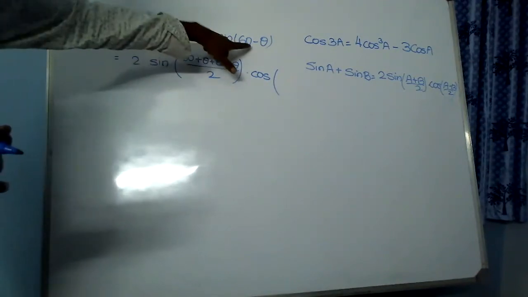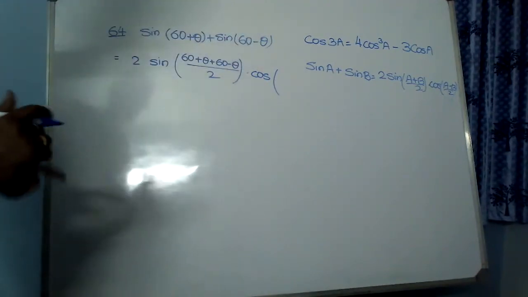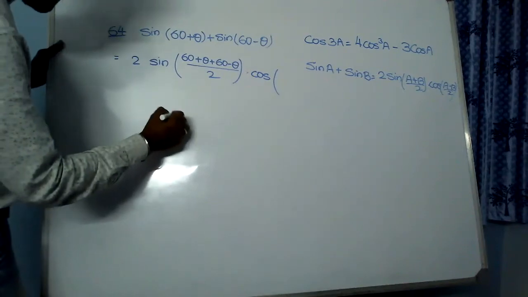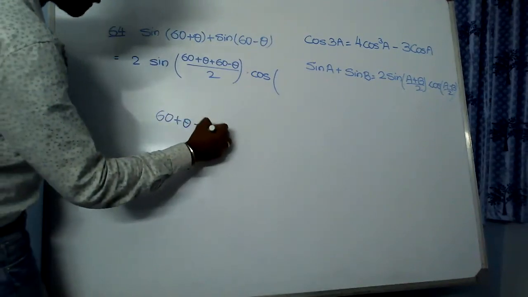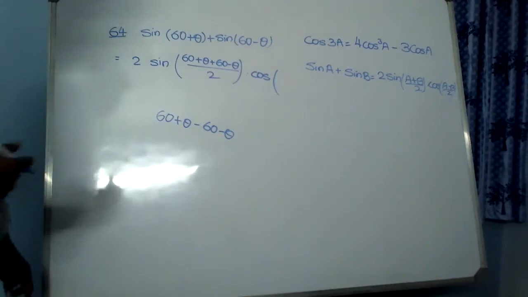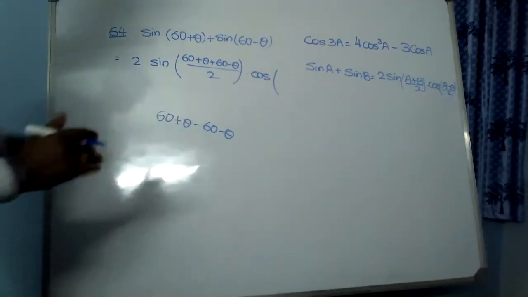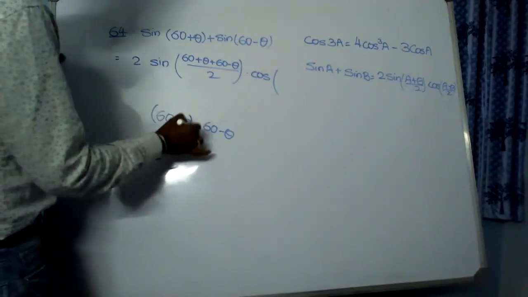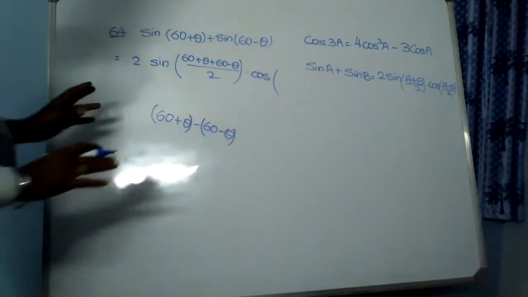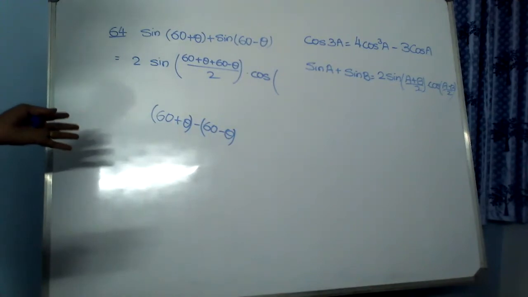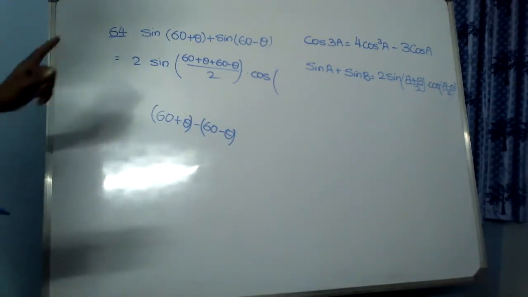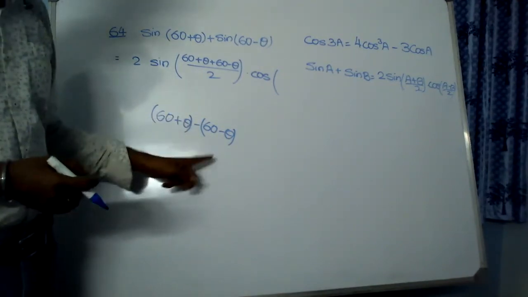When you're doing 60 plus theta minus 60 minus theta, a lot of people, you know what mistake they do? They'll write 60 plus theta minus 60 minus theta. Is this the right minus? No, it's not right. It should be this minus this, right? So you say, okay, that's what you have written, you have not done any mistake. But whenever you're putting the minus sign, make sure the signs change.